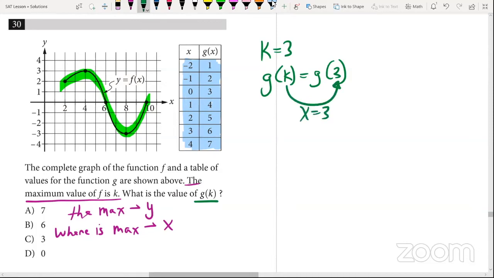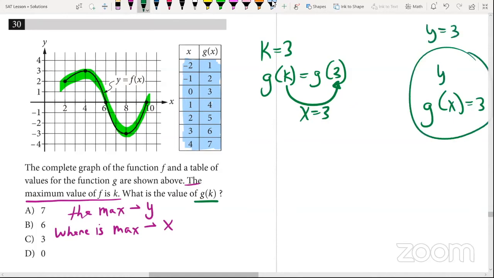But if I said, on the other hand, that g of x equals 3, the whole g of x is the y. So this would be a way to say y is 3. The way that they said it to us is a way to say x is 3. So we're basically looking for the value of g of x when x is 3. g of x is 6, and the answer is 6.